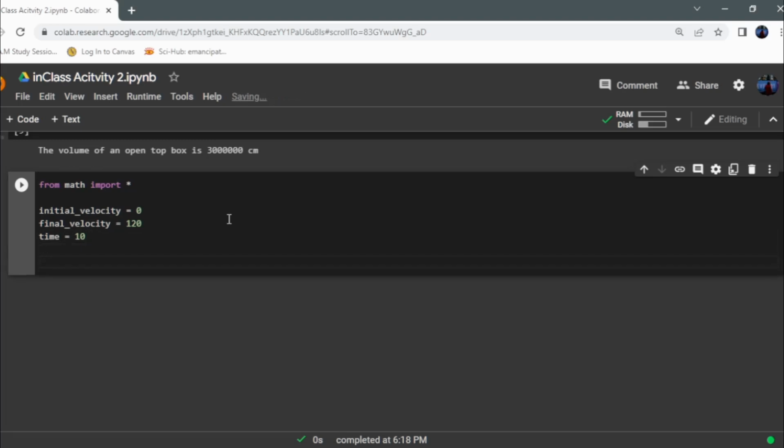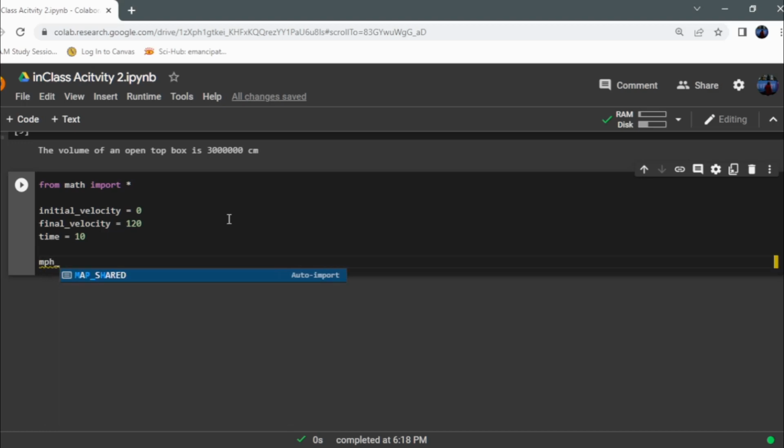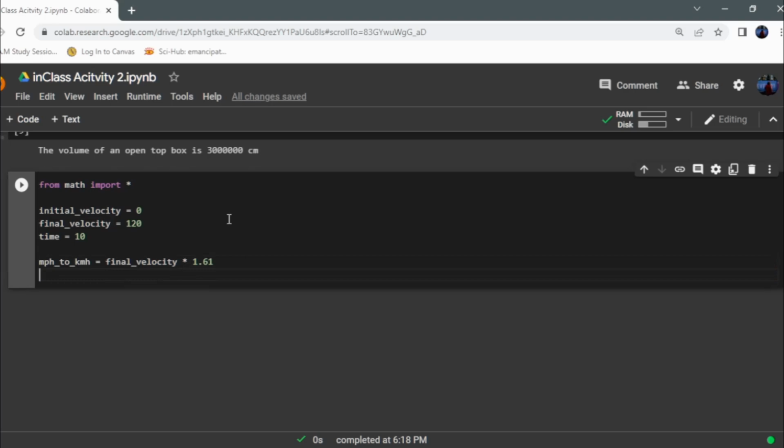Okay. So we need to convert the final velocity to kmh first, to kilometers per hour. So mph to kmh is equal to the final velocity times 1.61, which is the conversion number.